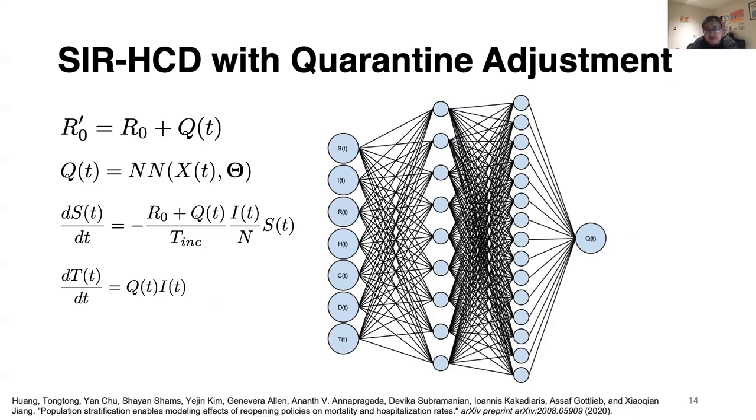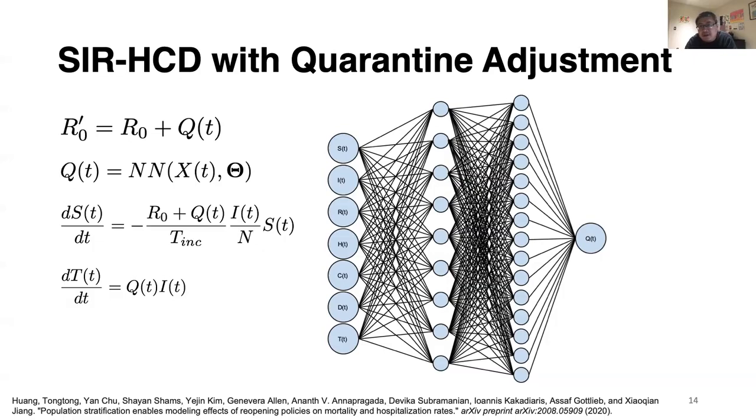In reality, it is reasonable to consider such quarantine factors for adjusting the free parameters in the model. The authors utilize a multi-layer perceptron architecture to estimate the hidden variable Q, which stands for quarantine, and augment the epidemiological estimation process.